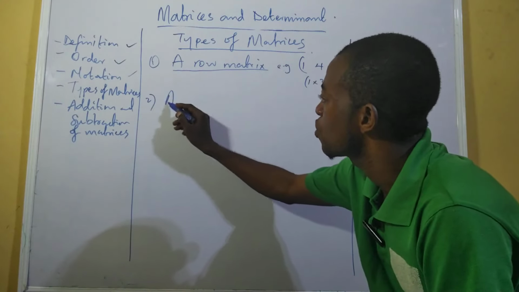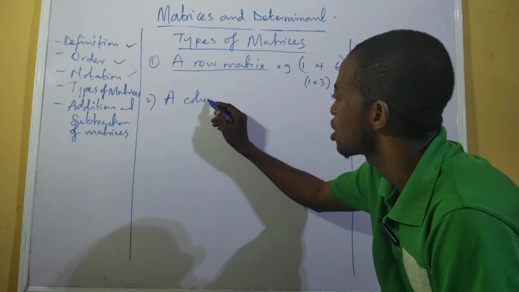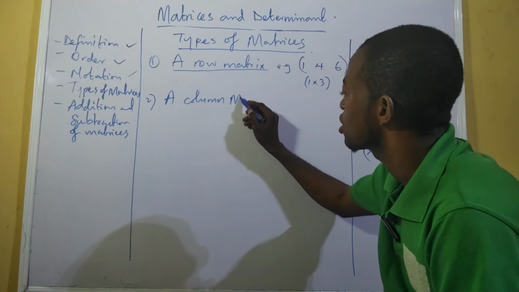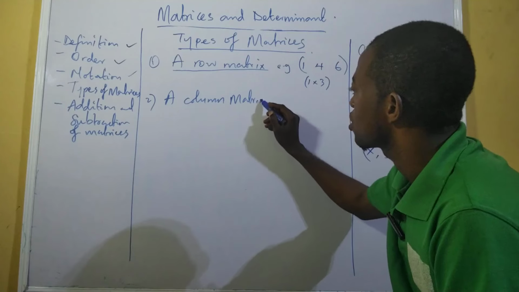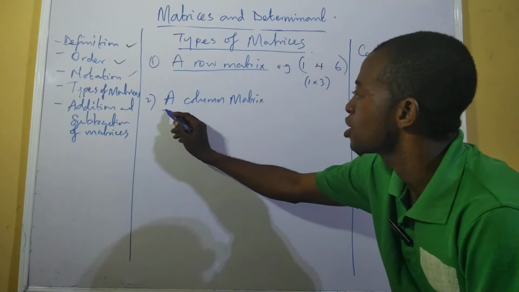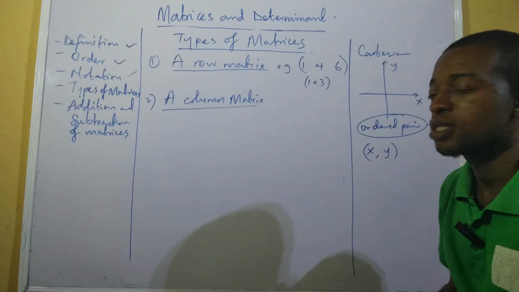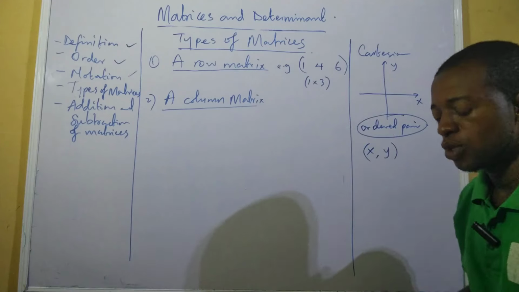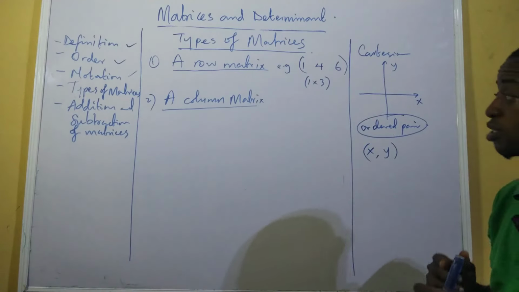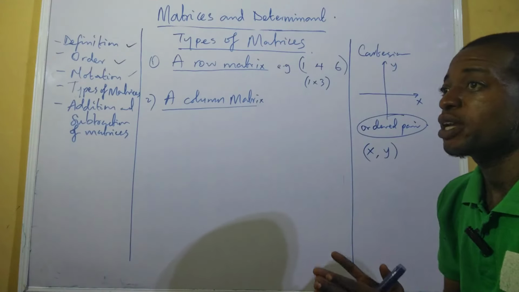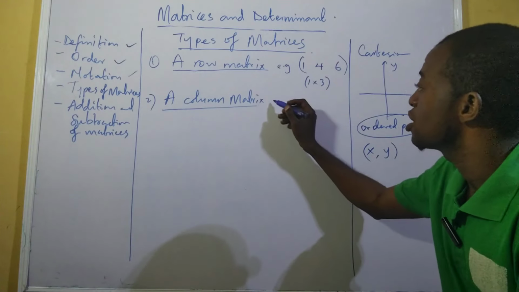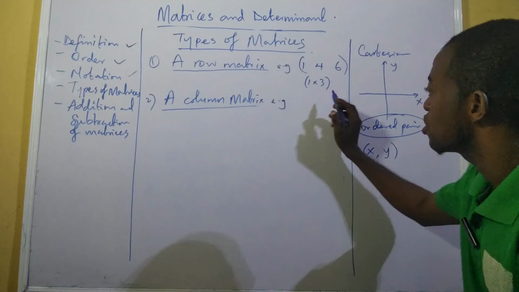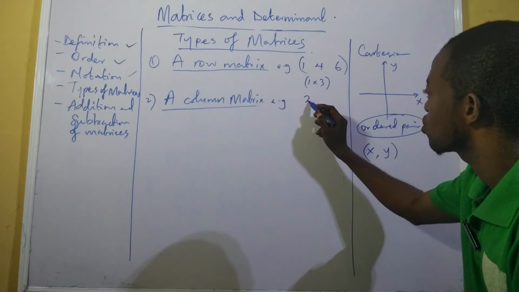Two, we have a column matrix. Once we know what a row matrix is, a column matrix follows the same idea. It has just one column of elements, e.g., something like 2, 5.